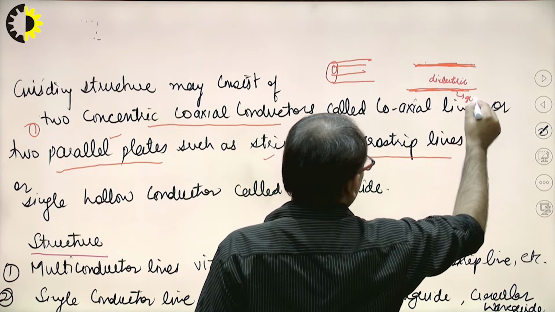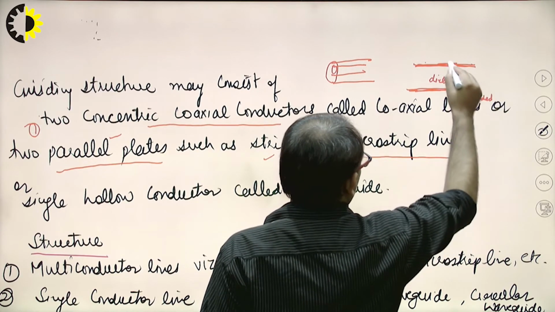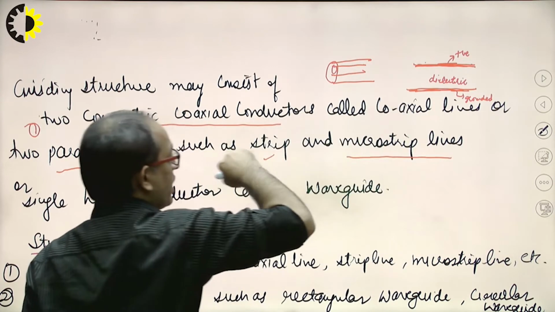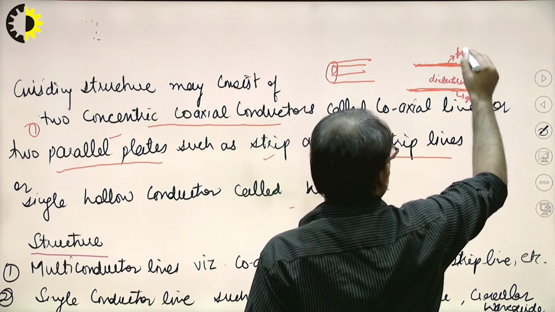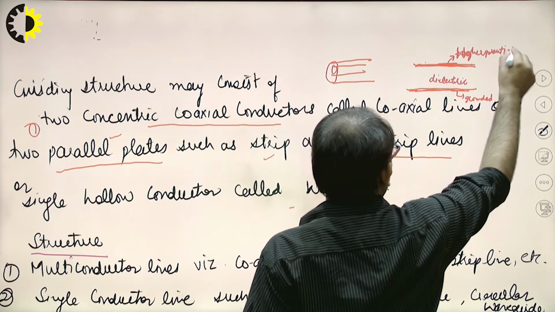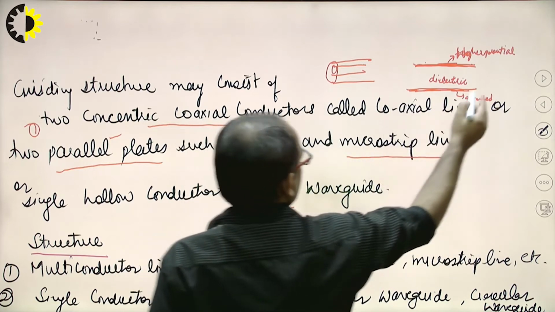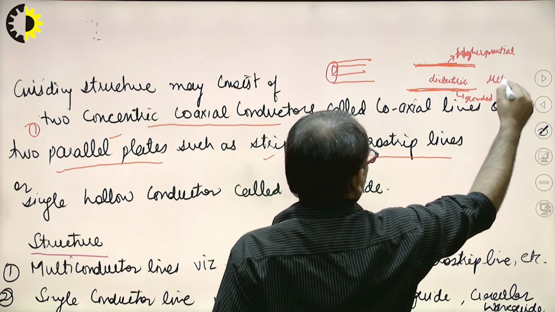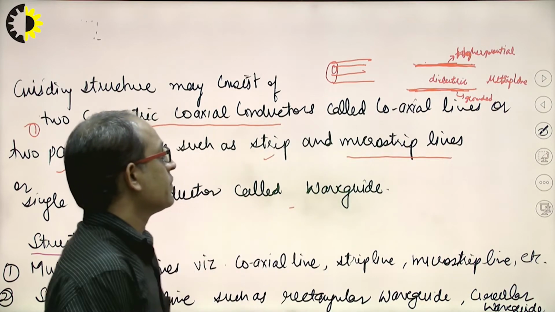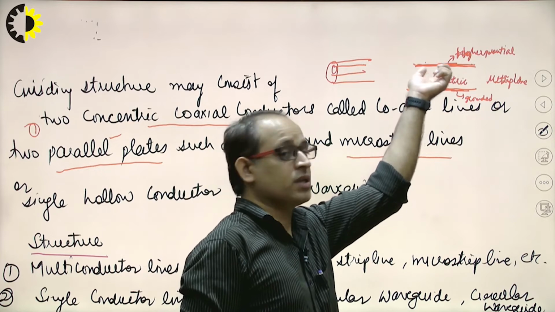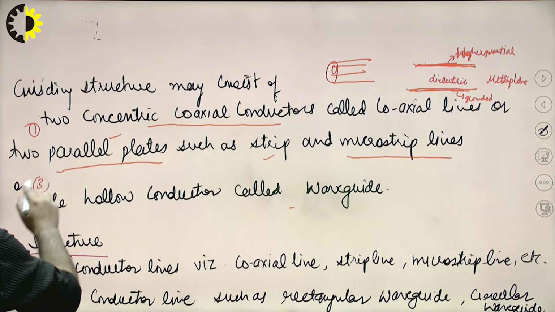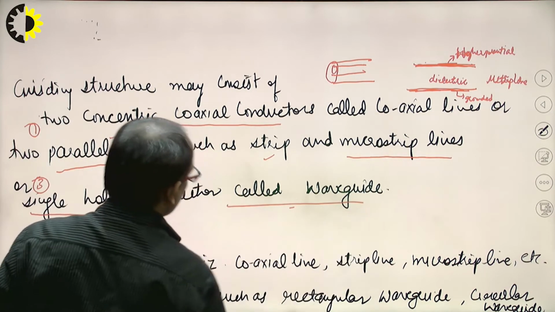One is grounded, another is of positive charge, or at higher potential. Clear? So this one acts as a microstrip line. Clear? In the stripline, there will be a conductor in between the dielectric. Clear? Or third one is your single hollow conductor known as the waveguide.